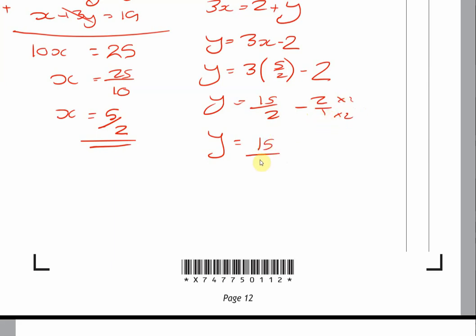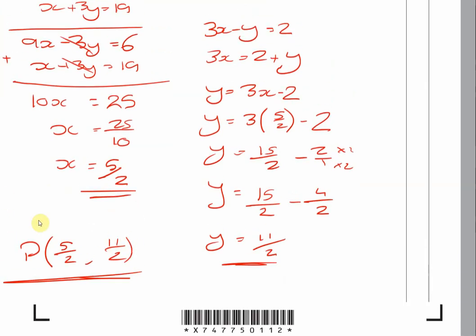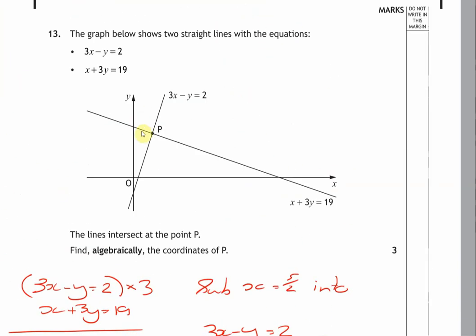So we get 15 over 2 minus 4 over 2. So y is going to be 11 over 2. So the coordinates of P, while not very nice, is 5 over 2 and 11 over 2. And that's how you would go about solving the simultaneous equations in order to find the values of P.